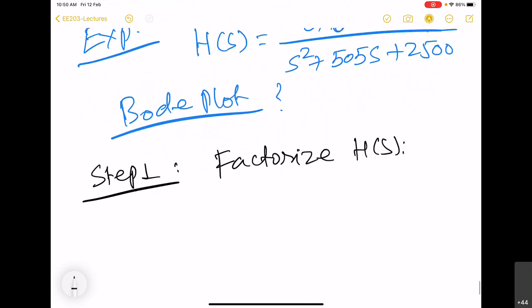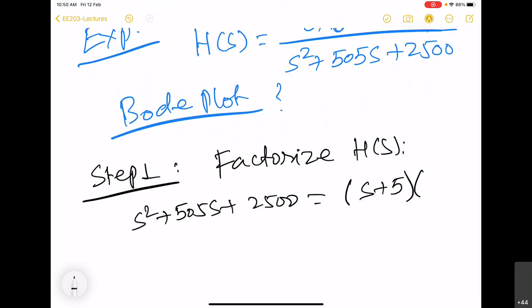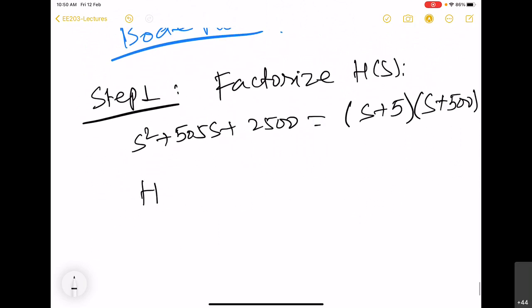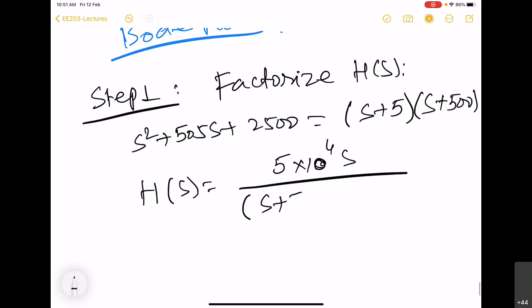So we have to factorize denominator, that is s square plus 505s plus 2500, and this you can do easily. This will turn out to be s plus 5 into s plus 500, right? So the transfer function after factorization is 5 into 10 raised power 4 s divided by s plus 5, s plus 500.